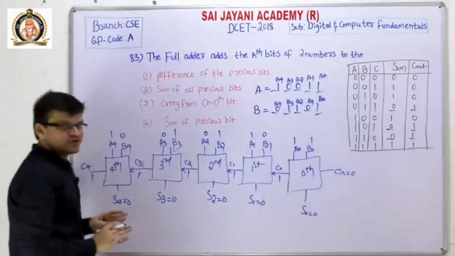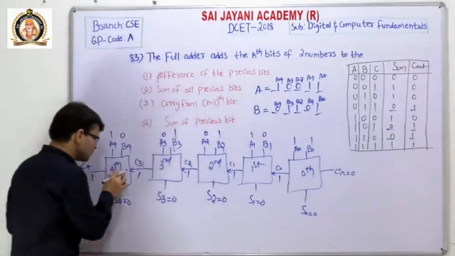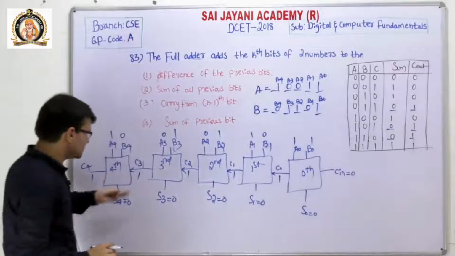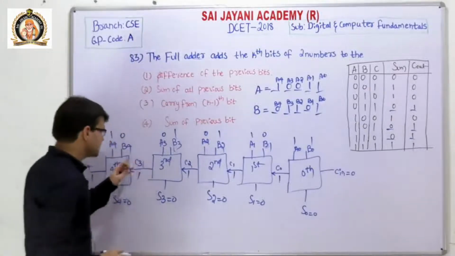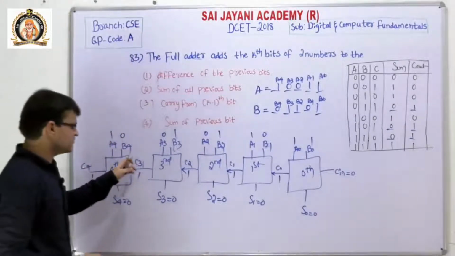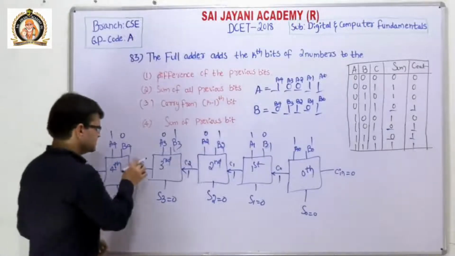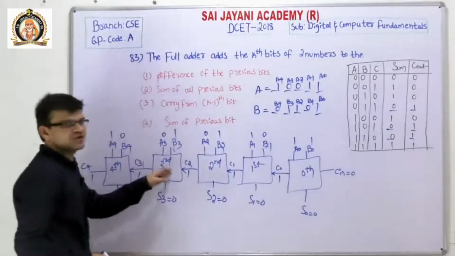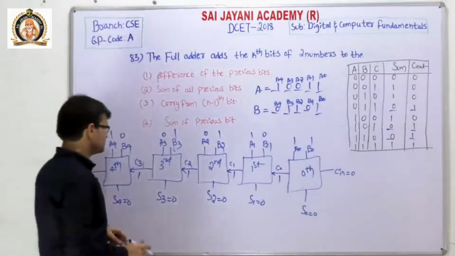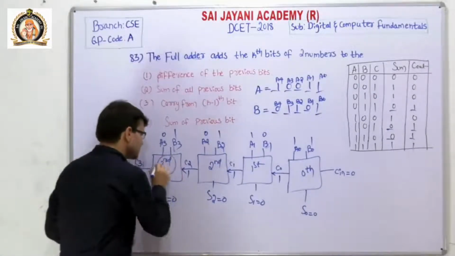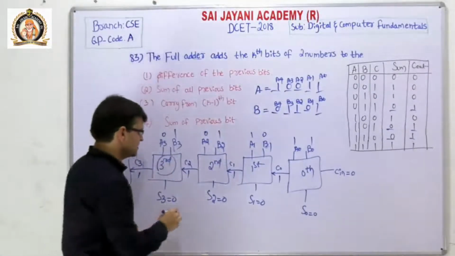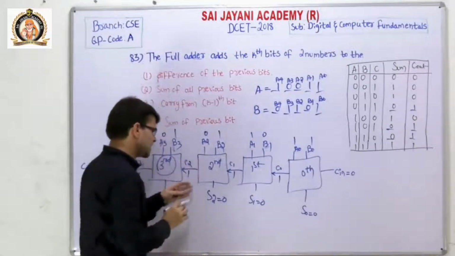For the 4th full adder we are adding carry from C3, that is C3 is generated from the 3rd full adder. Similarly for the 3rd full adder, C2 carry is added.